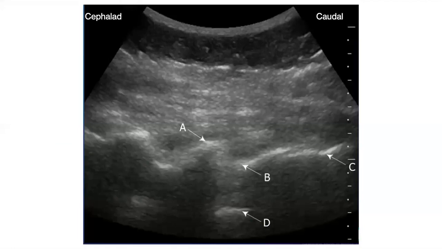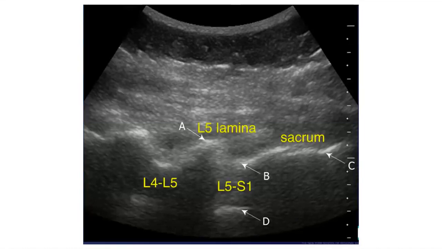So from caudal to cephalad, you appreciate that there's a uniform opacity or line, followed by an indentation, and then a bony prominence. So now with labeling, you can identify that this is the sacrum.